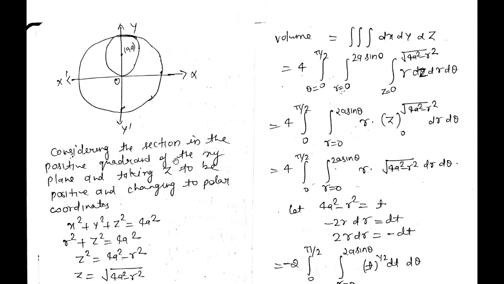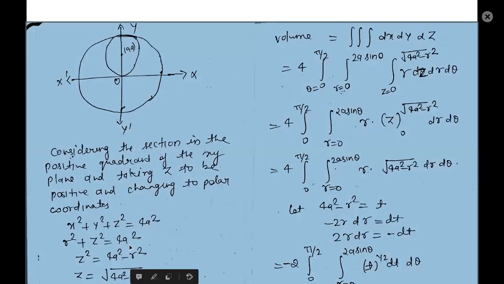Now, considering the section in the positive quadrant of the xy plane, taking z to be positive, and changing to polar coordinates, x square plus y square plus z square is equal to 4a square. This is the sphere, and in 2D it will be a circle in the positive quadrant. So you can write this equation, where x square plus y square is r square, as r square plus z square is equal to 4a square.